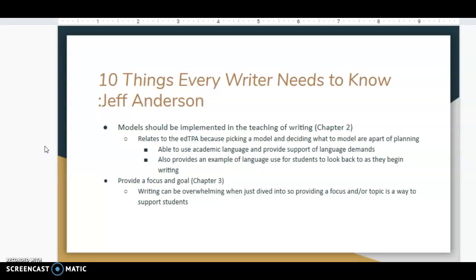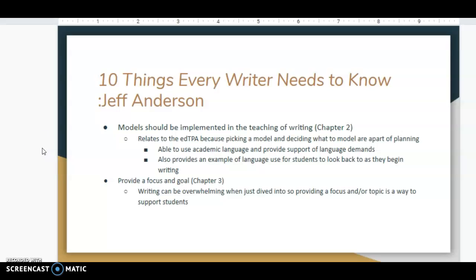And in chapter 3, he says to provide a focus and goal. And he says that writing can be overwhelming when just dived into, so providing a focus and or topic is a way to support students, and that's students with varied needs as well. You are basically providing them with something to focus on as they're writing, and that goes a lot into thinking about a thesis, which is also a focus of your paper.